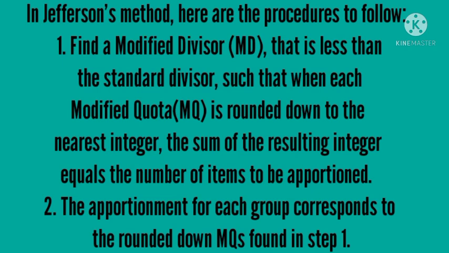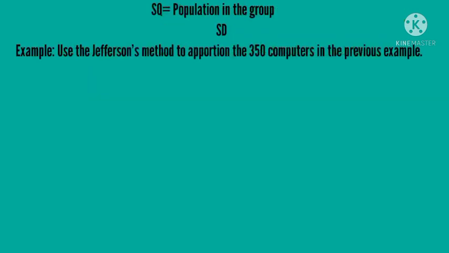Number 2, the apportionment for each group corresponds to the rounded down MQs found in step 1. Standard quota equals the population in the group divided by the standard divisor.